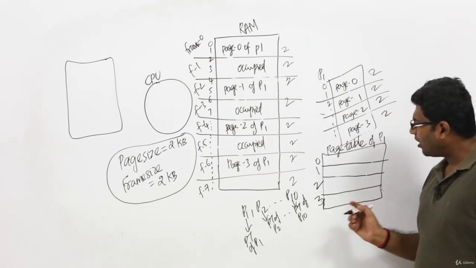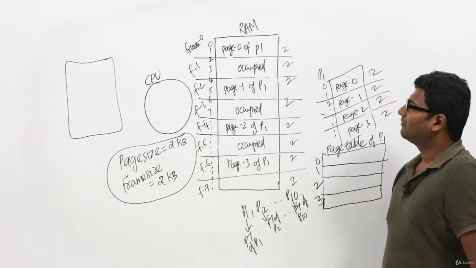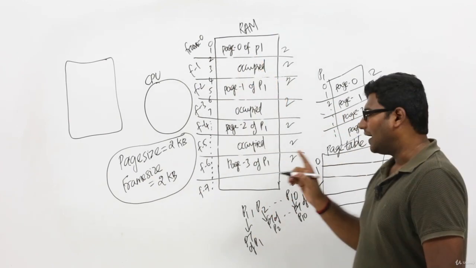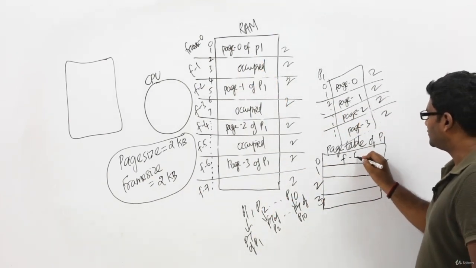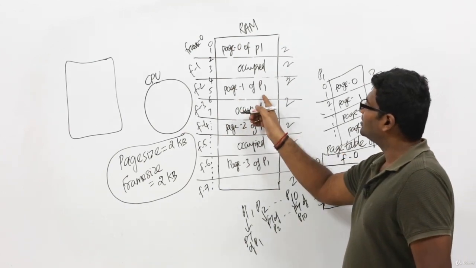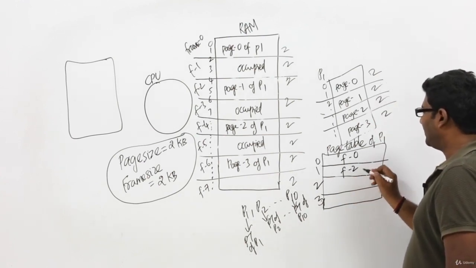Now page 0 of P1 will be present in some frame, right? For example, page 0 of P1 is present in frame number 0, and that frame 0 will be placed here. Similarly, page 1 of P1 is placed in frame number 2, and so frame number 2 is indicated here.